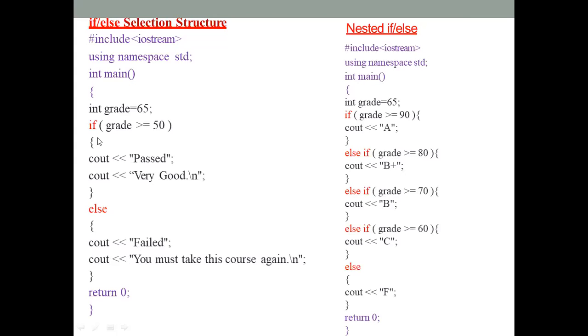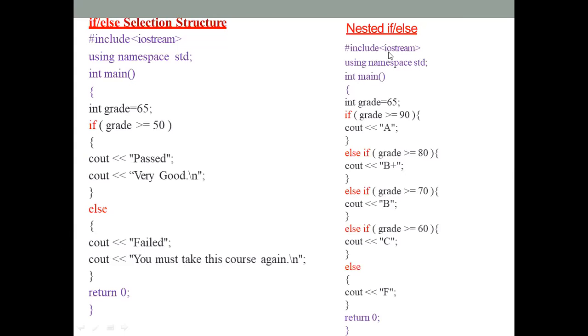So in the previous program, we just add another output for each: very good if the student passes, or if not, we say you must take this course again. Again, we will test this one and then combine.